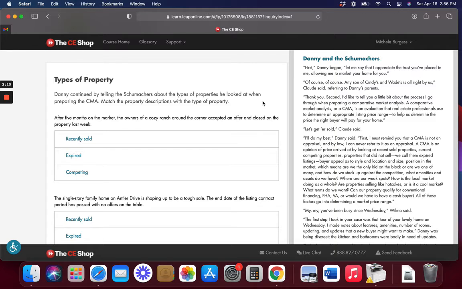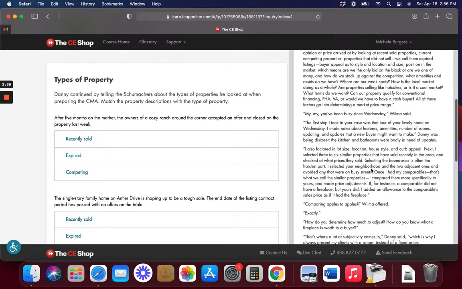All right, so these are about the types of property he looked at when he prepared the CMA. Okay, so did he look at recently sold, expired, or competing? Well, I don't know what kind of property they have. Maybe it tells us in this story.